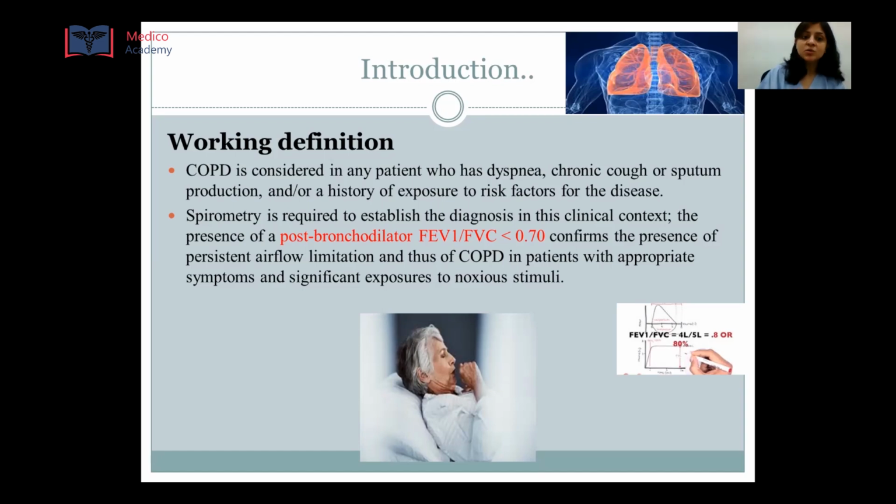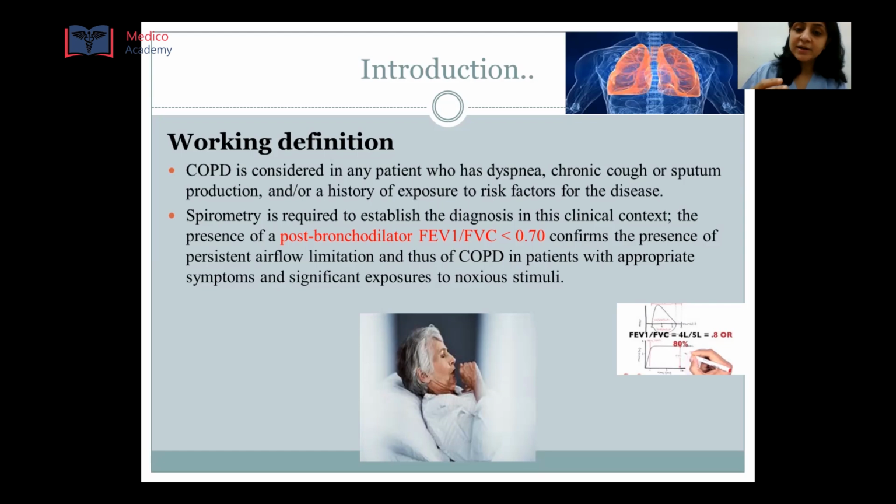For the diagnosis, we require spirometry, in the clinical context, where post bronchodilator, when the FEV1 to FVC ratio is less than 0.7, we have confirmation of the presence of persistent airflow limitation.